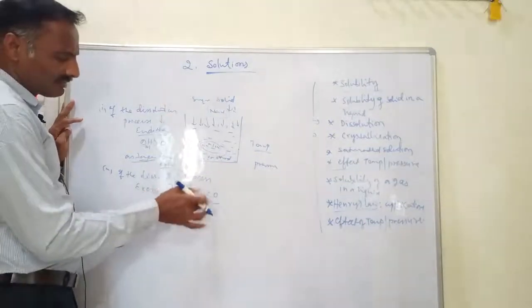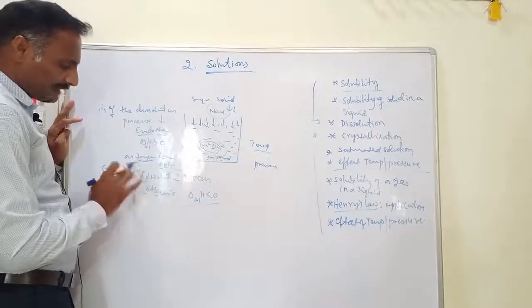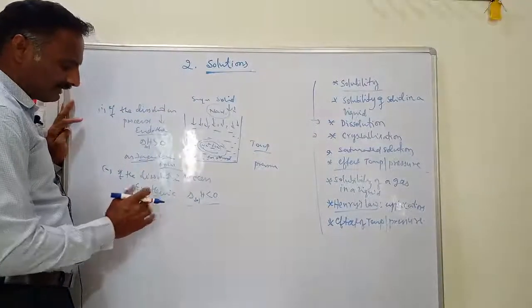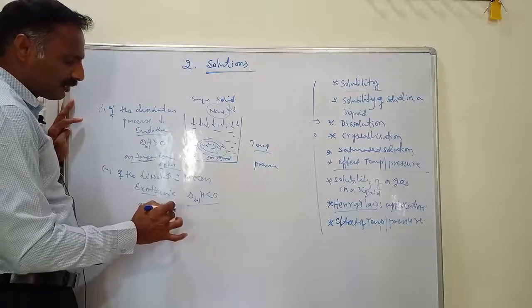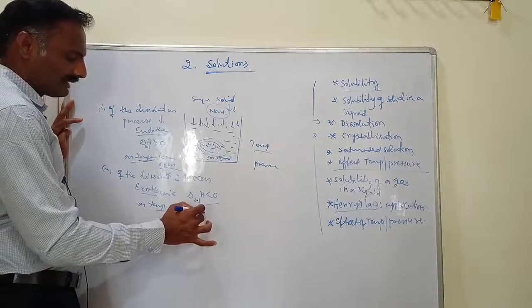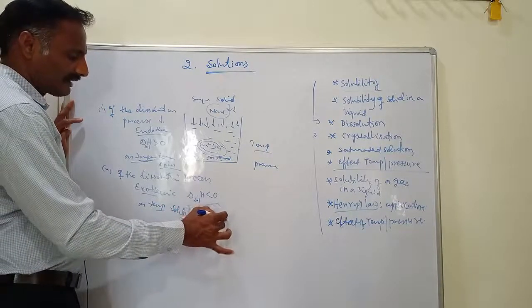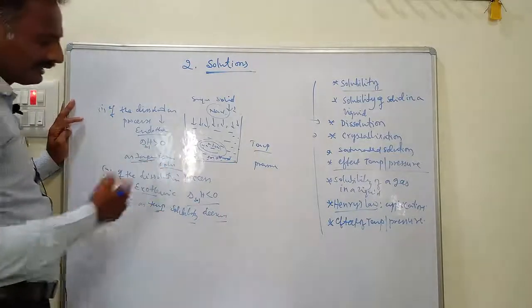When heat is evolved from the solution, that process is called an exothermic process. If the dissolution process is exothermic, then as the temperature increases, solubility goes on decreasing. This is the effect of temperature on solubility of a solid in a liquid.